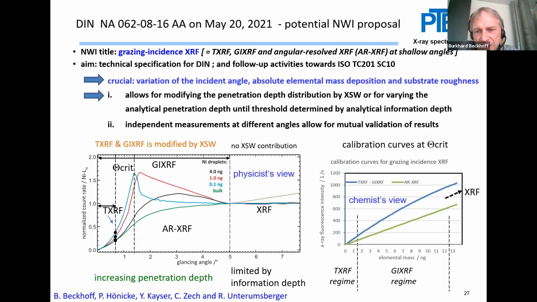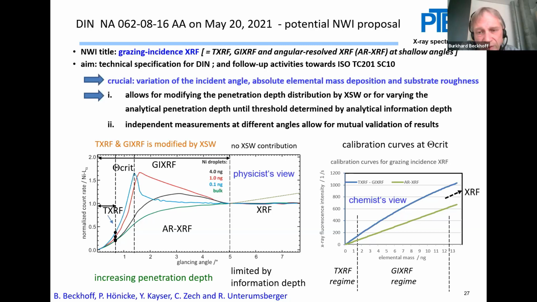And the main difference between the TXRF, grazing-incidence XRF, and angular XRF is the dependence of the fluorescence intensity on the deposited mass. So in this TXRF regime, when you have a flat substrate as compared to a rough substrate, the increase in fluorescence intensity is about a factor of 2 faster than for this normal XRF regime.